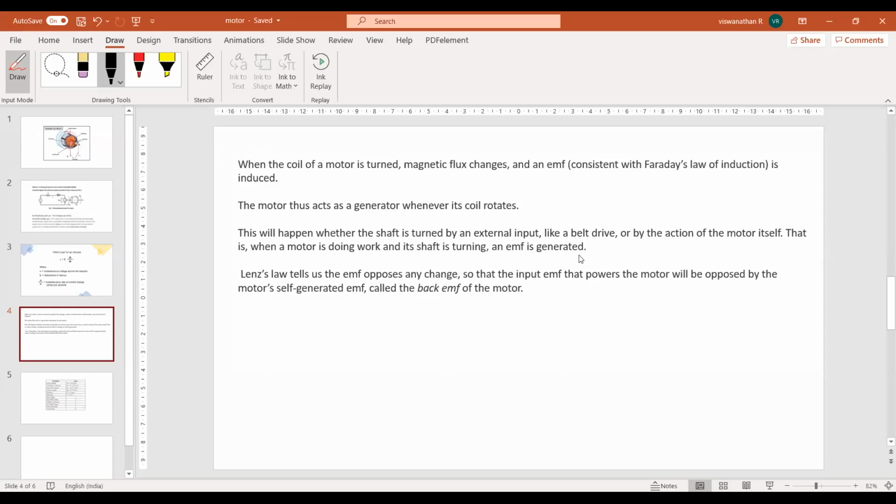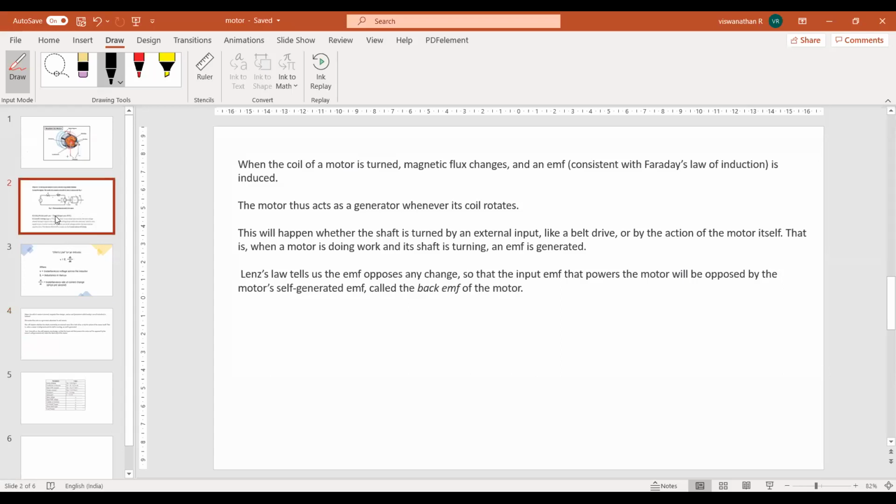So when you supply voltage, the motor starts rotating, and because of that, a back EMF is generated. This is told by Lenz's law. Lenz's law tells us that EMF opposes any change, so the input EMF that powers the motor will be opposed by the motor's self-generated EMF called the back EMF of the motor.